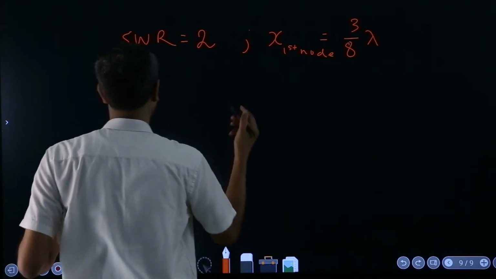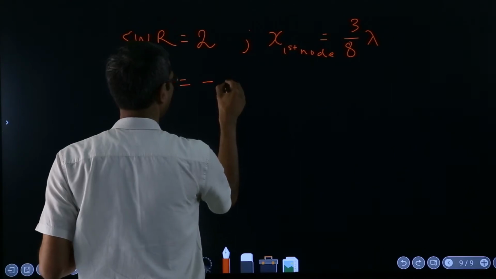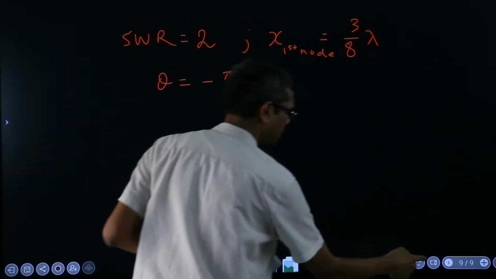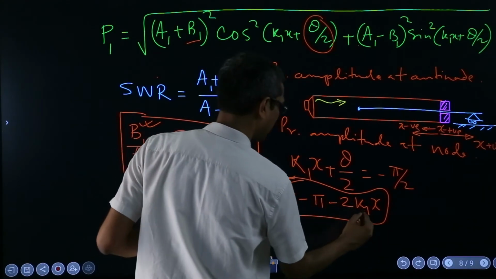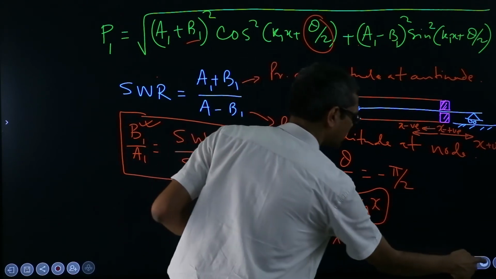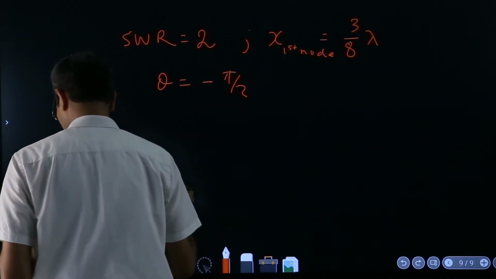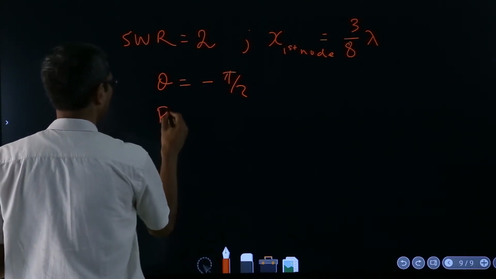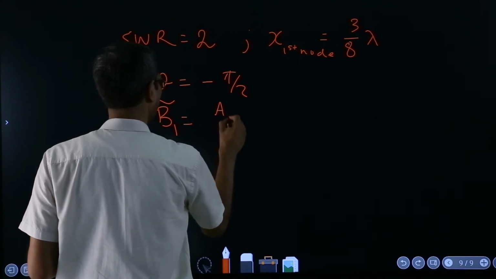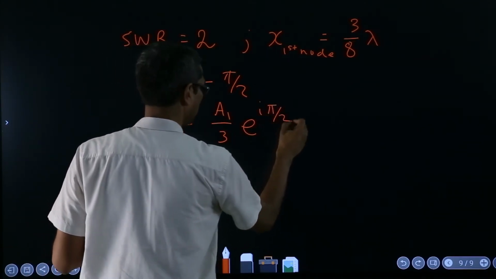Then theta you are getting to be minus pi over 2 by using that formula. Here, in place of k1 you will put 2 pi over lambda, and x is given to be 3 lambda over 8. And from there you can calculate that B1 is A1 over 3 e raised to i pi over 2.